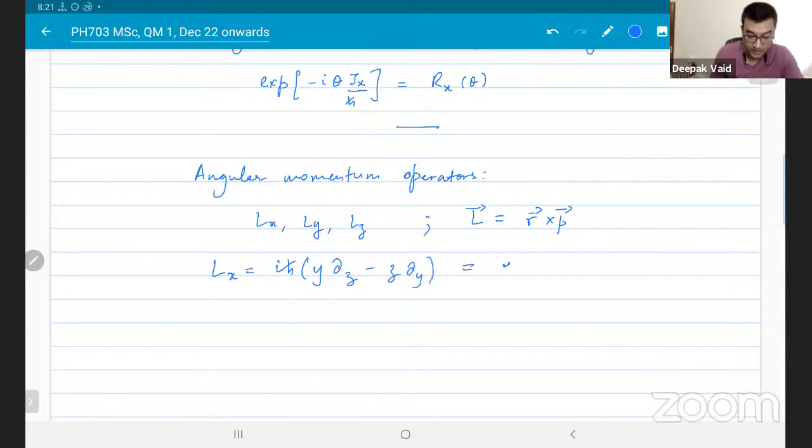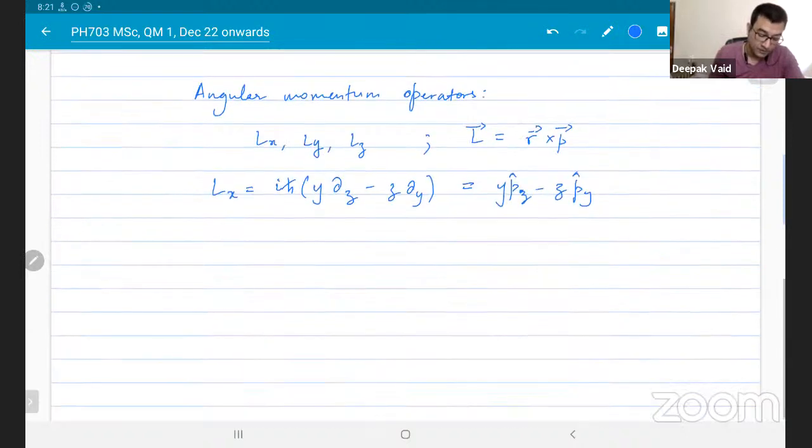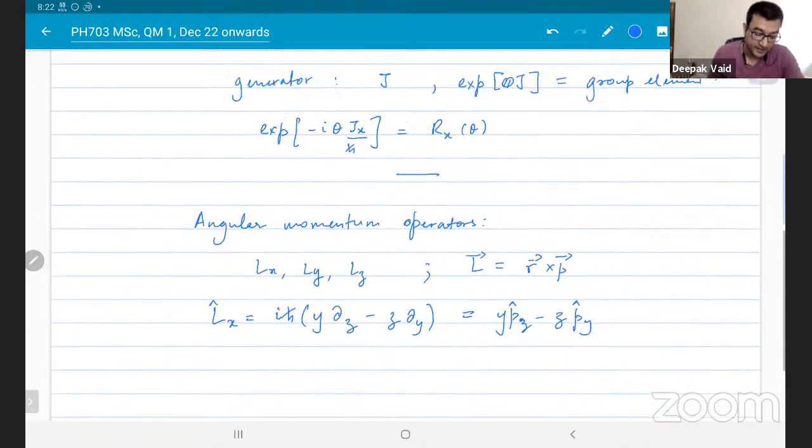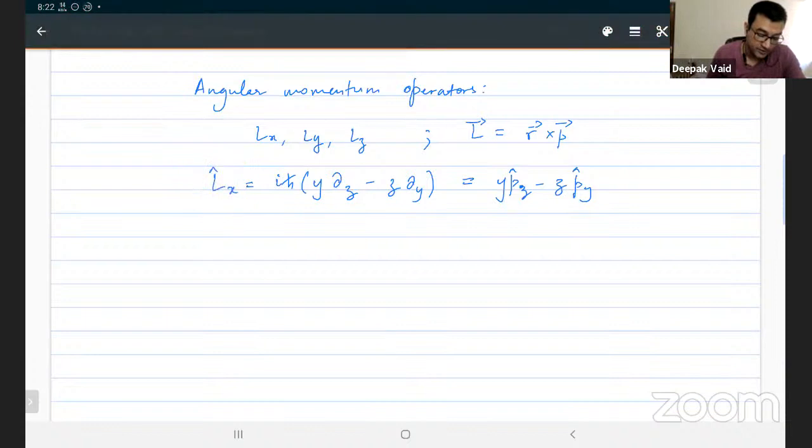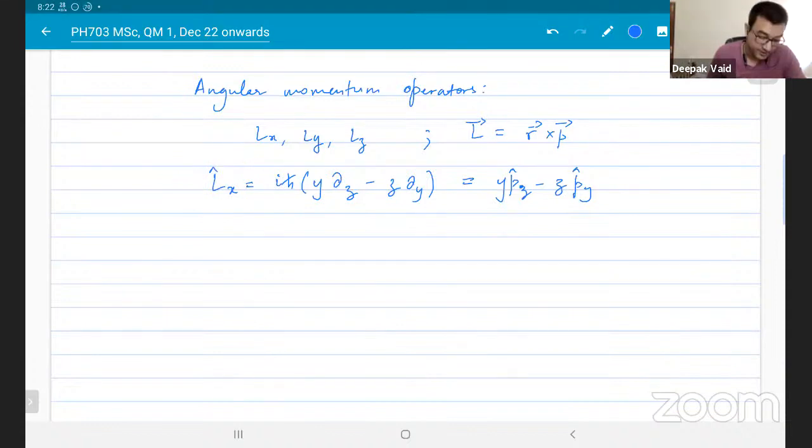Which is equal to y pz minus z py operators, right? So what is the relationship between these operators and, for instance, these J's? Okay, so that is what we want to try and understand today. And what is the effect of these operators? How do they act on quantum states?